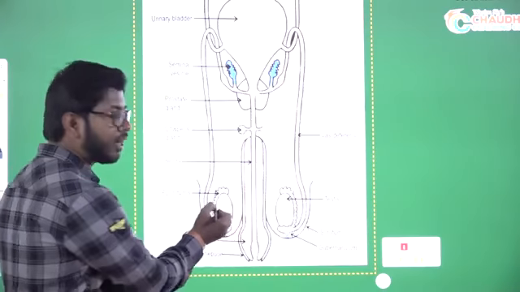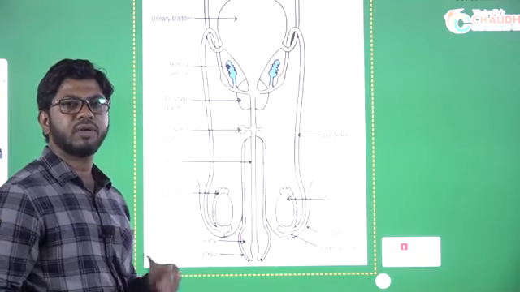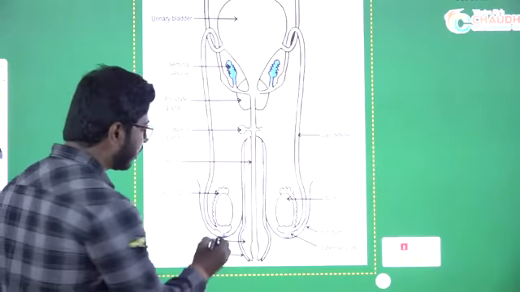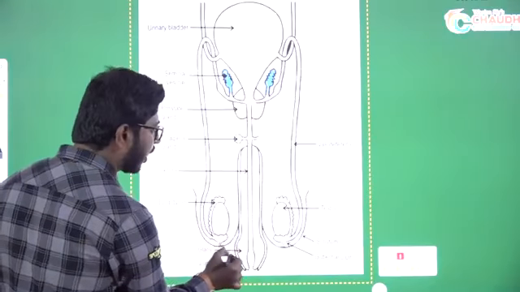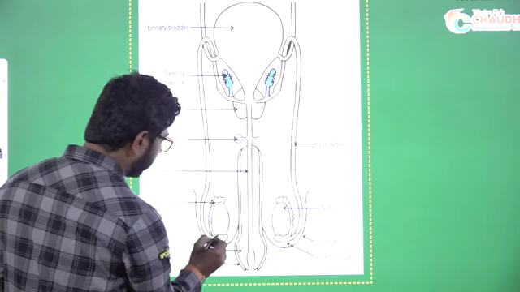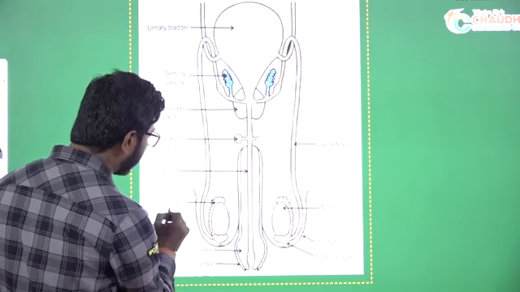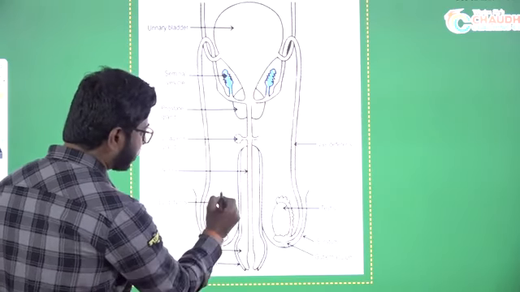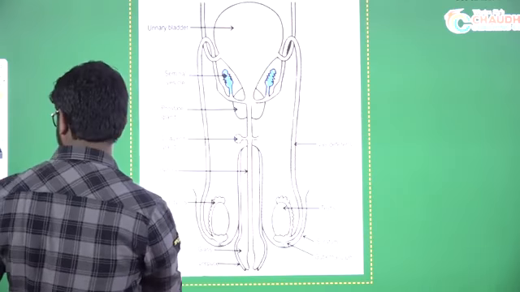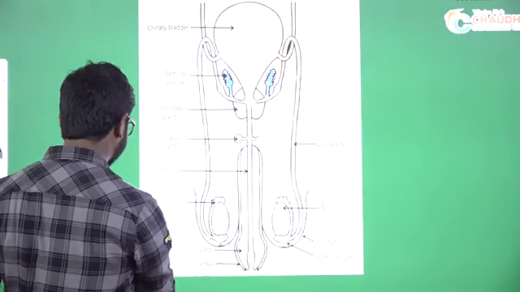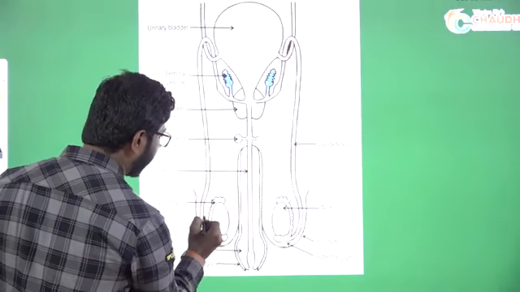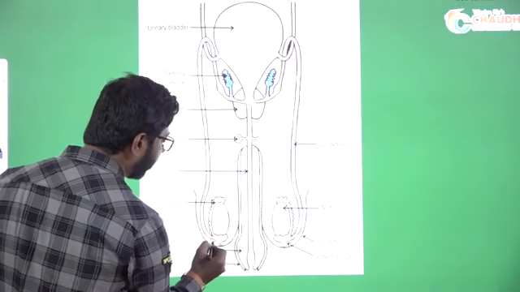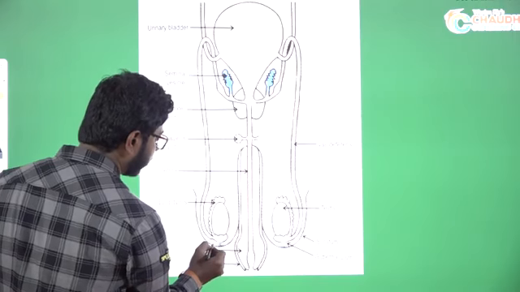Internally each is made up of seminiferous tubules, rete testis and vasa efferentia. Then this C-shaped structure is known as what? Epididymis. This is the head part, then the middle narrow part is the body and the lower part is the tail.